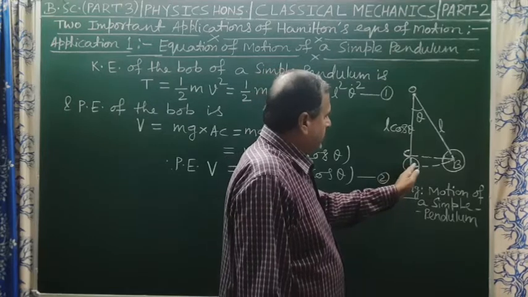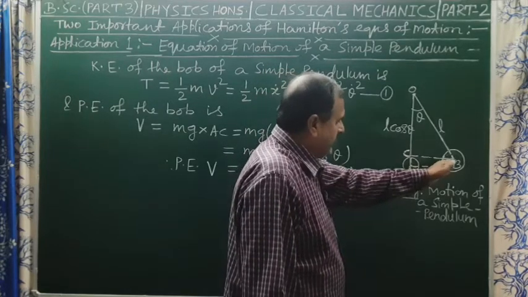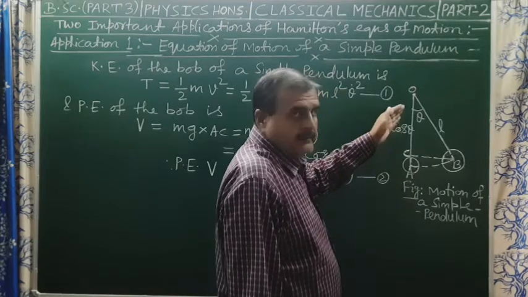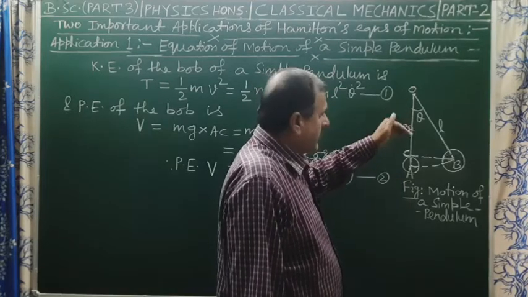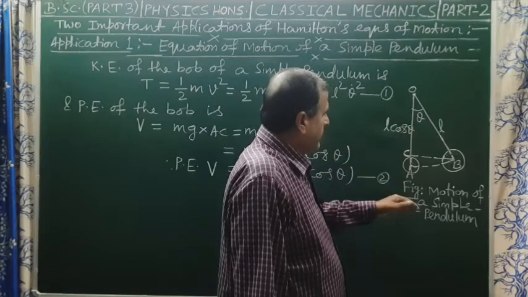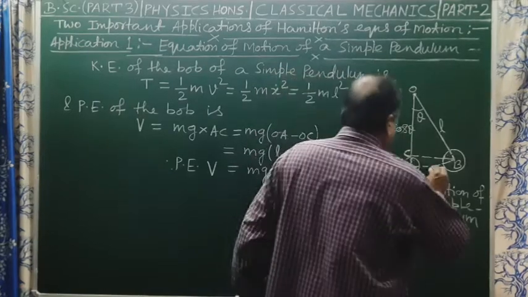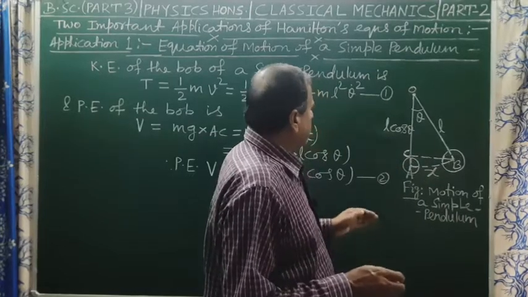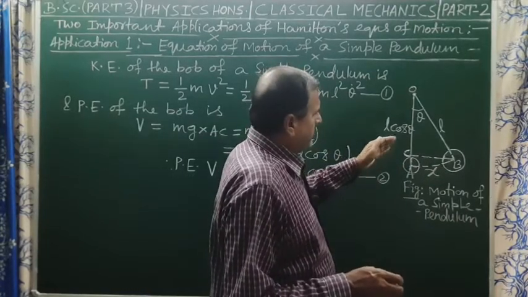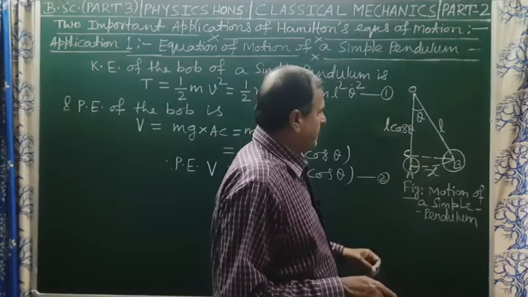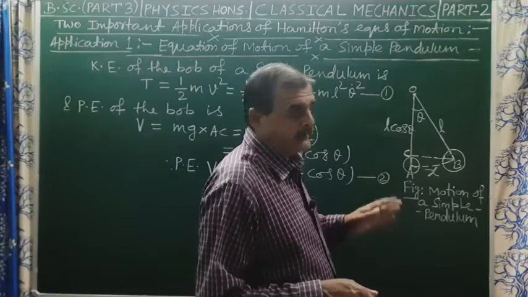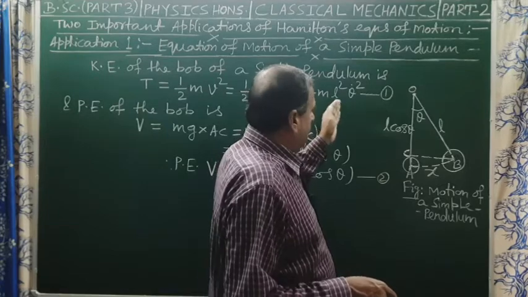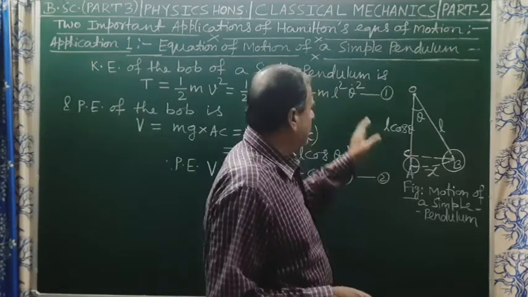L is the effective length of the simple pendulum. If we take this arc AB as x, then we know that theta is equal to arc upon radius. Therefore, theta is equal to x upon L, and hence x is equal to L into theta. But velocity is x dot, dx by dt. So x dot is equal to L theta dot, because L is constant.